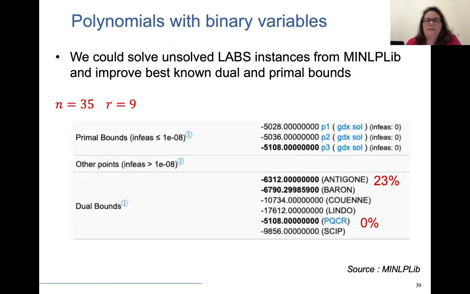So here we have a problem with n equals 35, where we were able to prove the optimality of the previously best known solution here. So this is our bound after some computation time in the branch and bound.